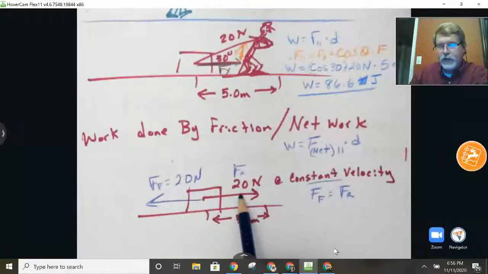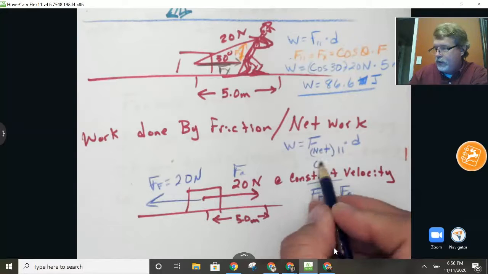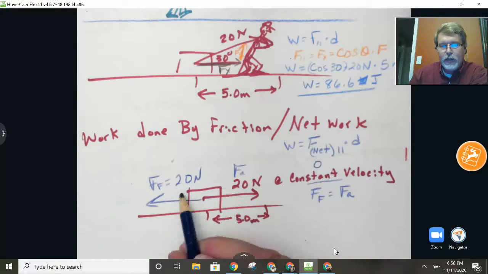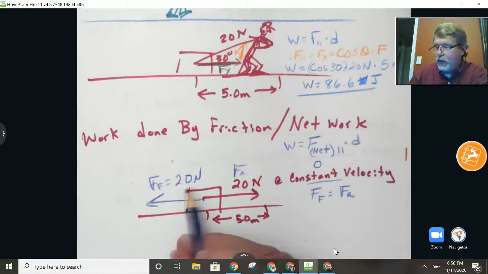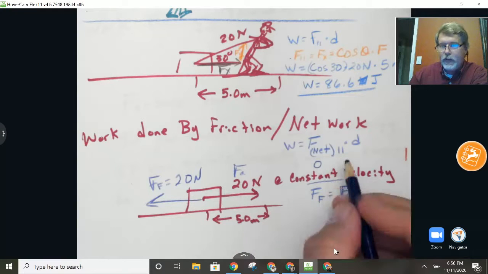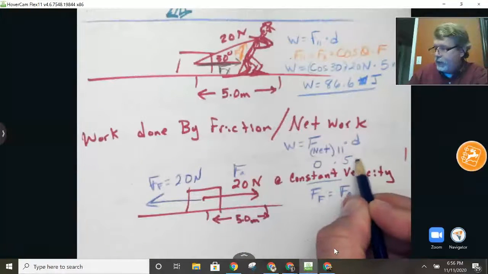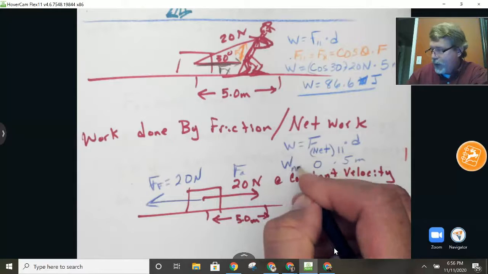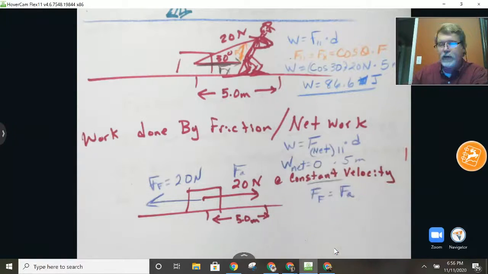Well, our force net in this case is going to be 0. 20 minus 20, because those vectors are going in opposite directions, it's going to be 0. So 0 times 5 meters, we have a work net of 0. So you might be thinking, in this case, there's no work and the box moves, but that's the net work is 0. So let's go back and look at that a little bit differently.